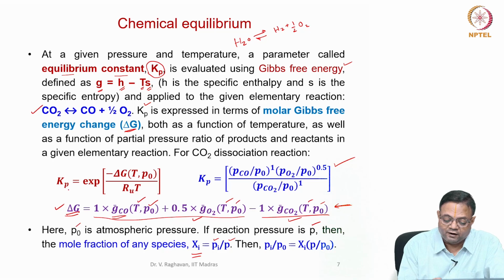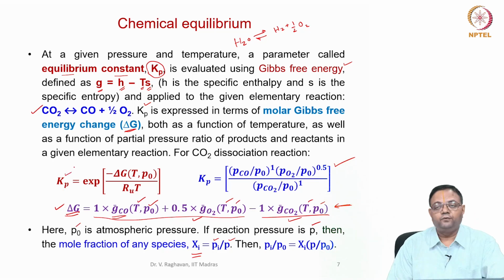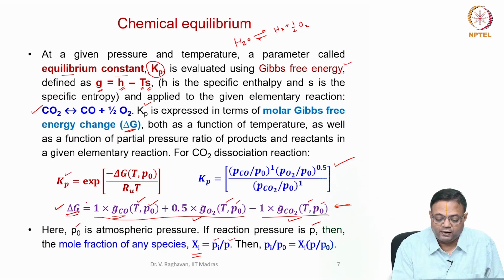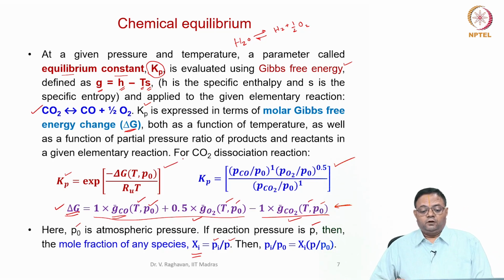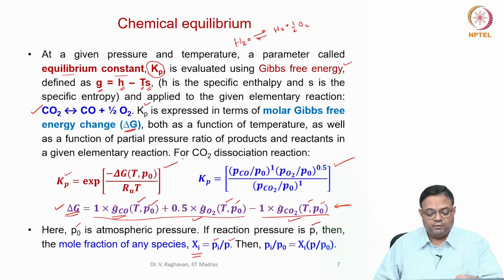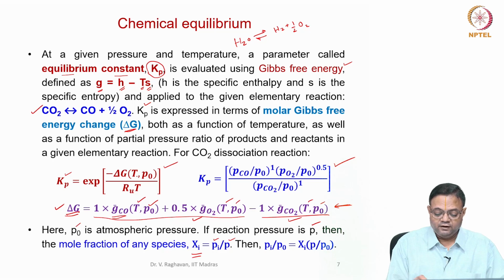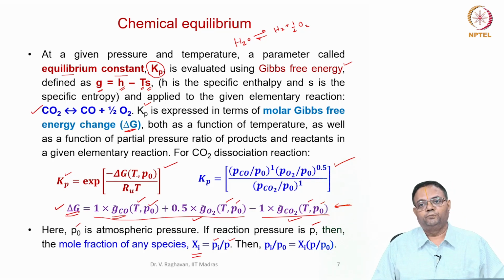Using that, I can find the value of Kp as exponent of minus delta G, calculated at a given temperature T and atmospheric pressure P0, divided by the universal gas constant Ru times T. So, this expression says that Kp is a function of temperature only, because delta G is also a function of temperature only.